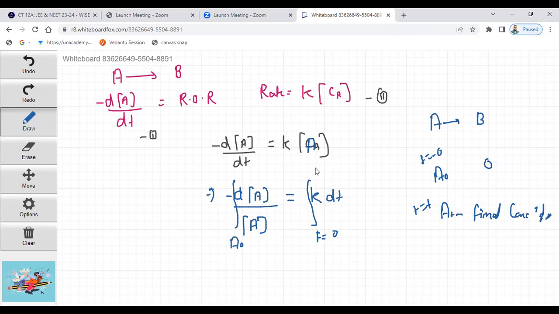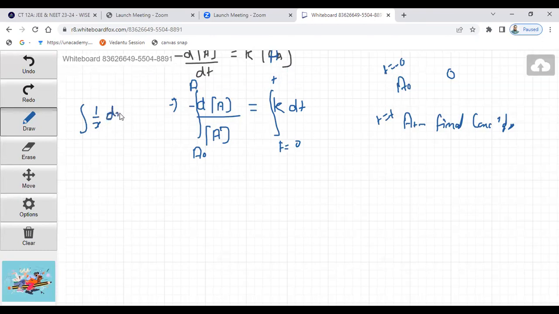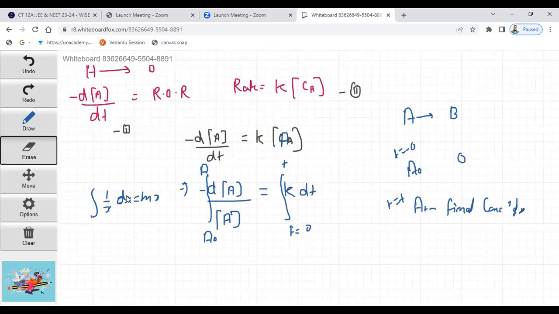At time t, the concentration of A will be At. You must know that the integration of 1 by x into dx is ln x. Sorry, there will be some minor mistake from my side, please try to understand.